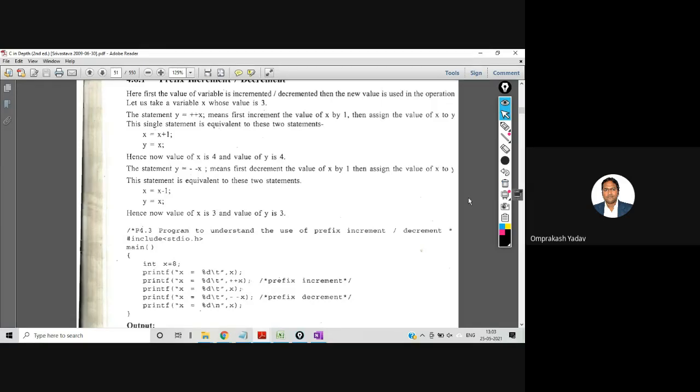Very good, Vishal. Let's see what the output will be. Trupti has also given x is equal to 8 and x is equal to 9. The way Trupti is writing is proper, because in the first line one output will come and then from the next line everything will be printed.